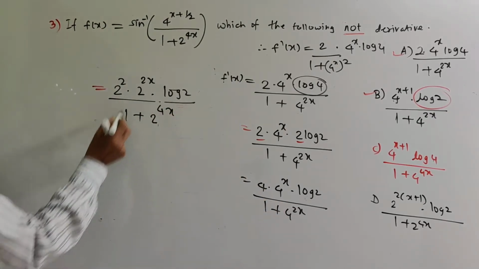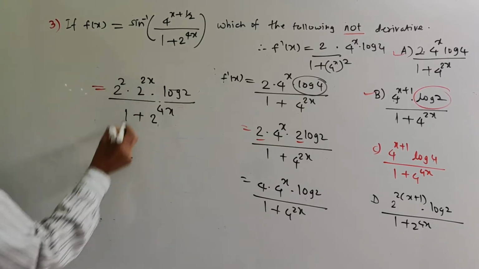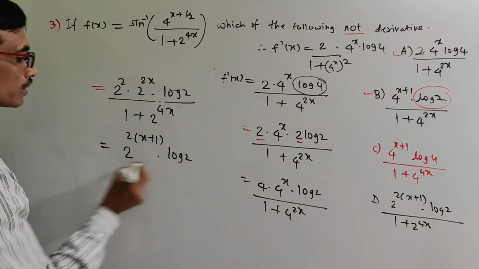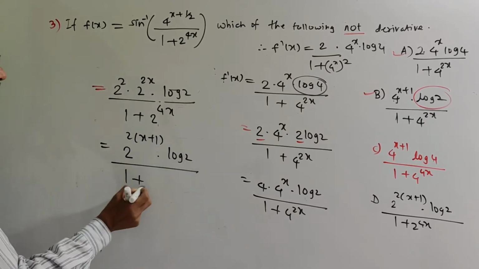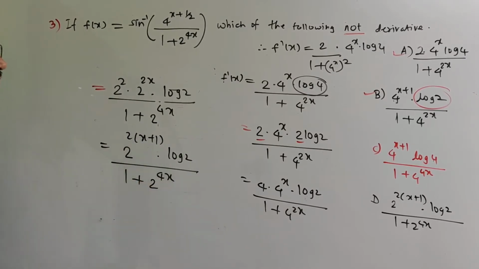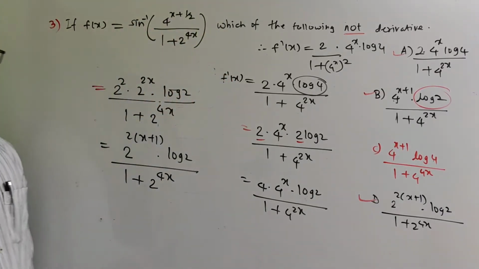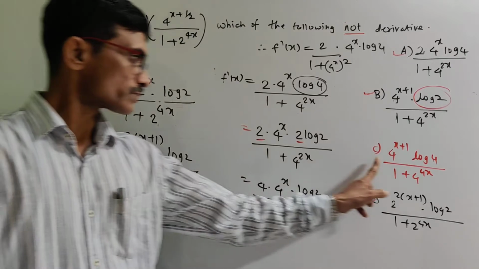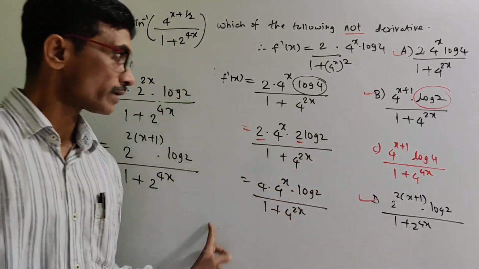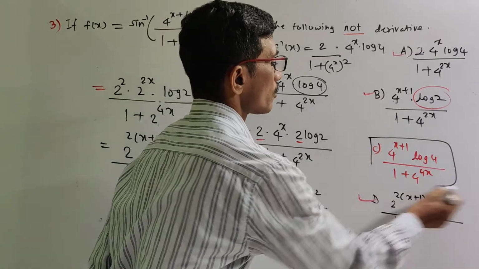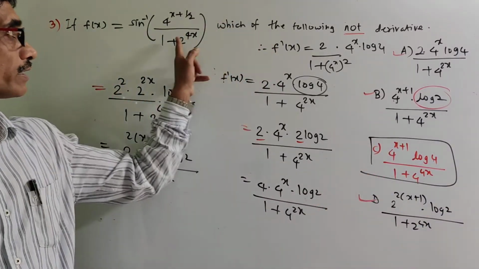So after simplifying, the numerator will be 2 raised to power 2x plus 1 into log 2 upon 1 plus 2 raised to power 4x, which is option D. So therefore we cannot express it in this form. The answer cannot be expressed in this form. So this option is the one which is not a derivative of this function.